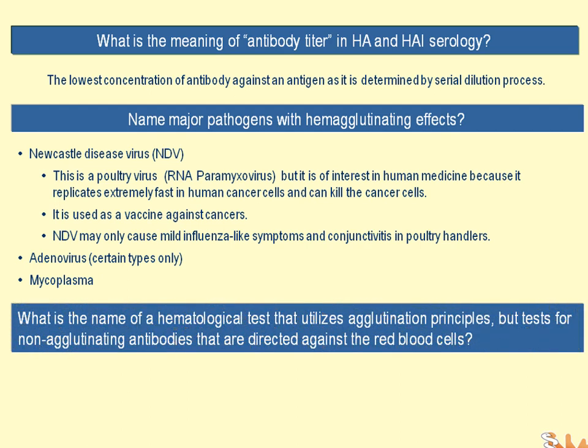What is the name of a hematological test that utilizes agglutination principles, but this time tests for non-agglutinating antibodies that are directed against the red blood cells? So this is a good time for me to cover the relevant concepts so that you can learn about the foundation of these lab tests.